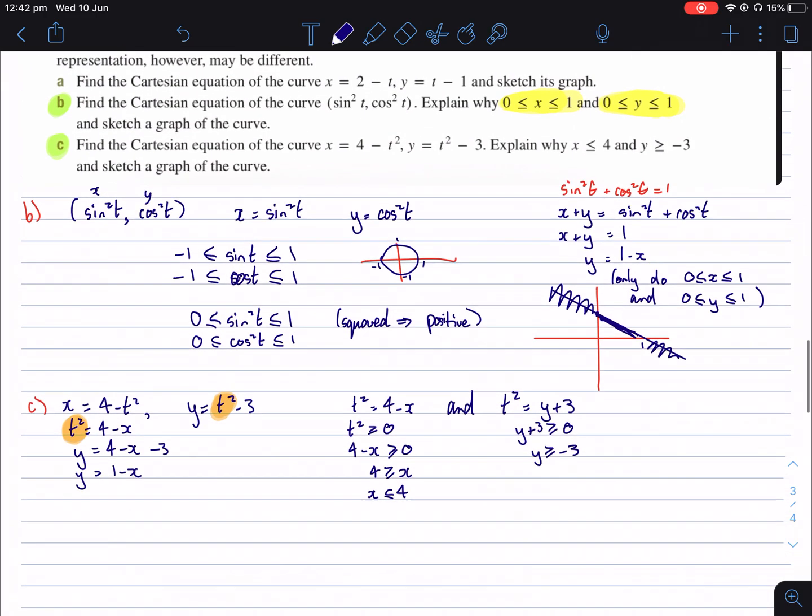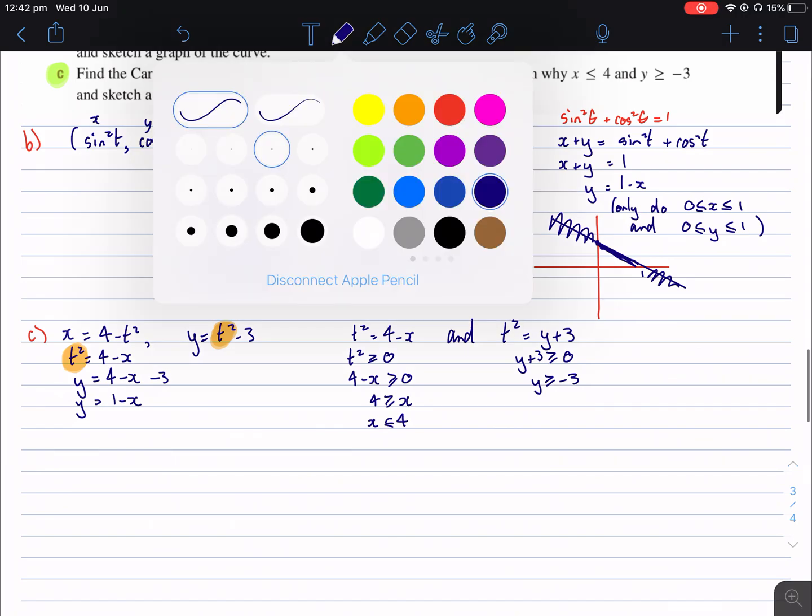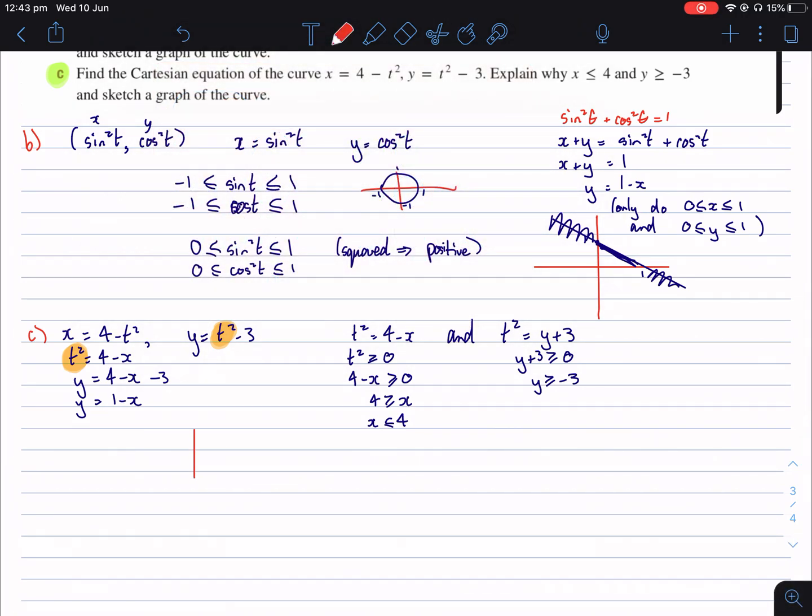What else did I have to prove? Oh, that's it. Okay, let's now sketch this. Again, not a great job. It's literally 1 minus x, so I could have just copied this one. We're going to scrub out different bits.